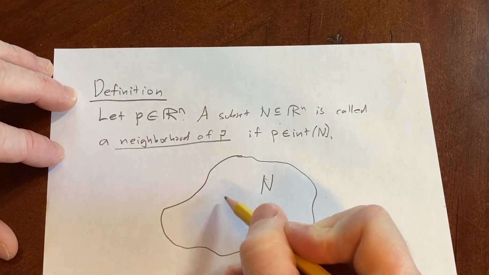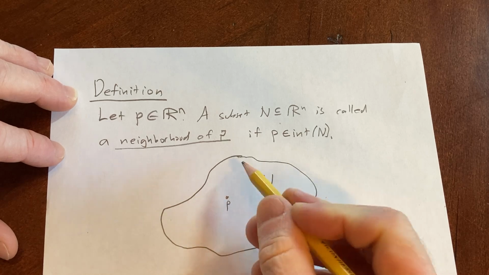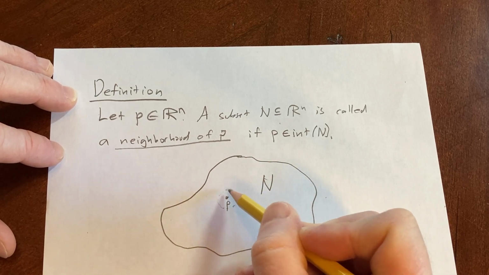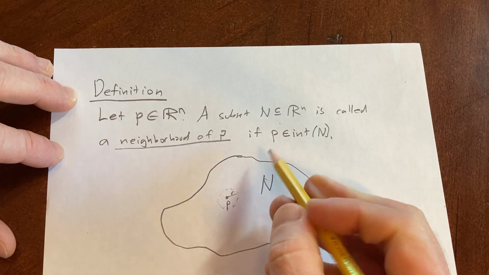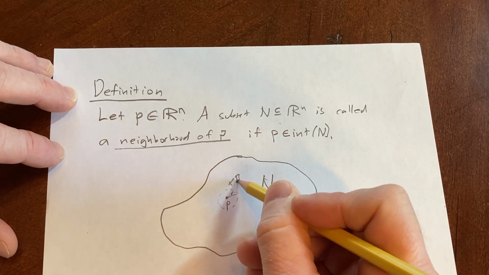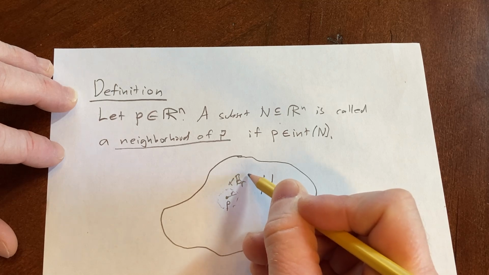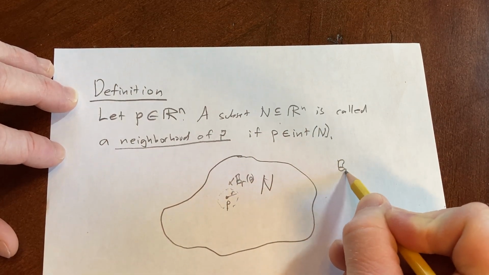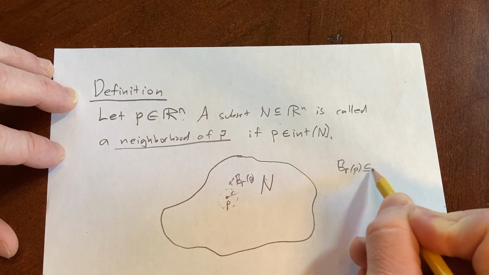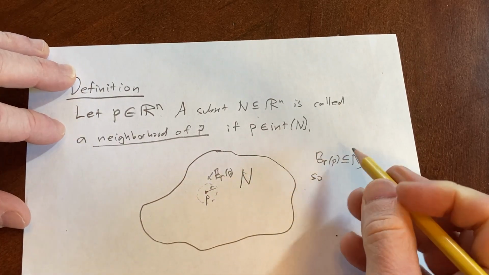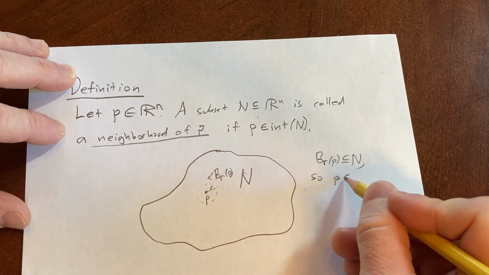And then you can take a point P here, and surely you can find some R, via the picture, that's small enough so that this open ball of radius R centered at P is contained entirely in N. So you have that B_R(P) is contained in N. So that means that P is in the interior.